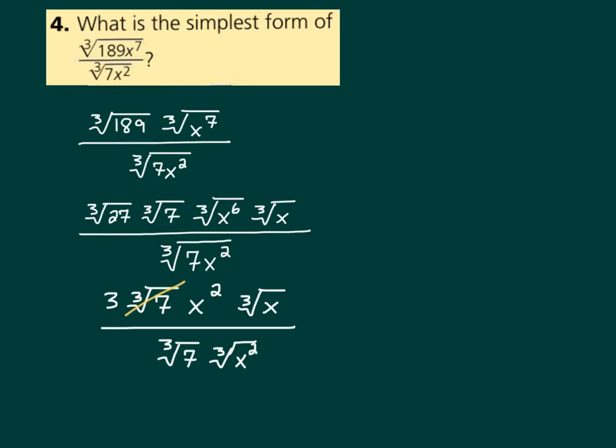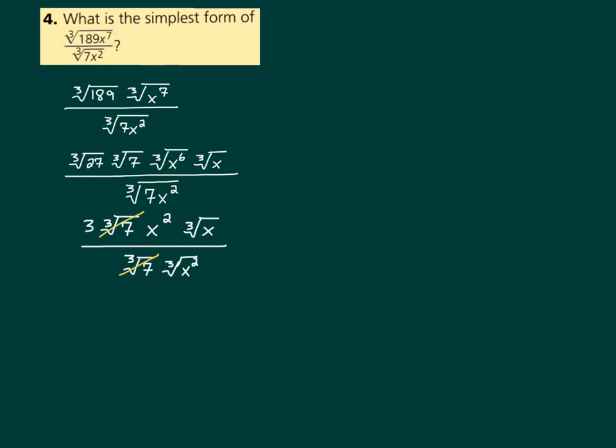They're going to cancel. Just like any other fraction, if you have the same thing over itself, it can cancel out. So, we now have 3x squared times the cube root of x all over the cubed root of x squared.